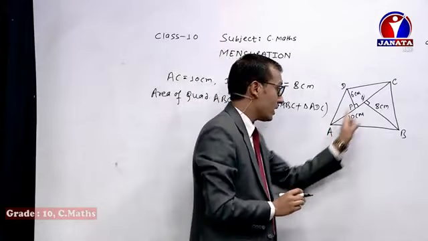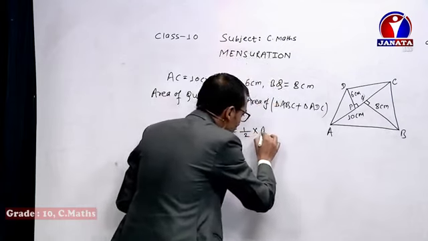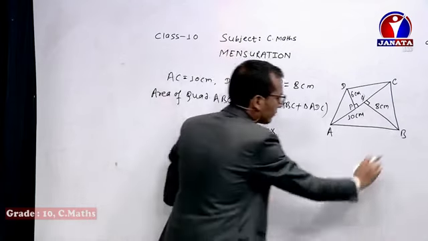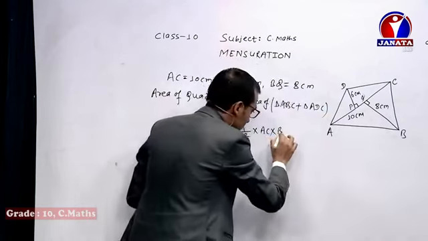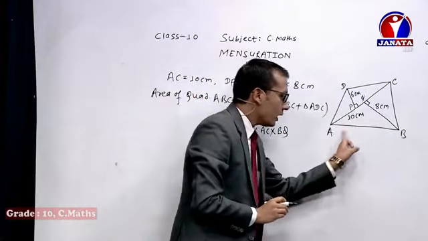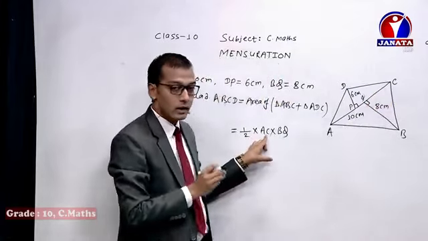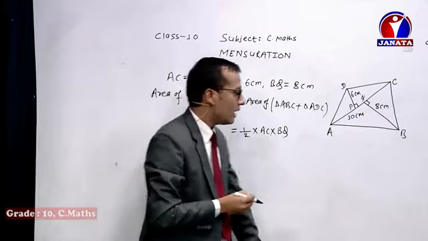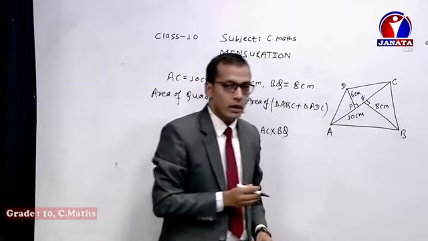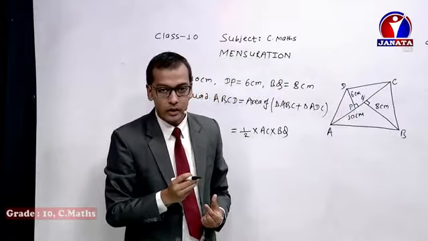AC is base and height is BQ. 1/2 times AC times BQ, this is area of triangle ABC. What is the formula? 1 by 2 times base times height. Height is the perpendicular BQ and base is a line on which the perpendicular is drawn.